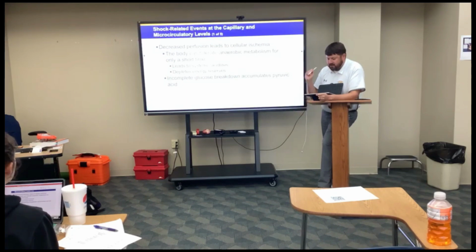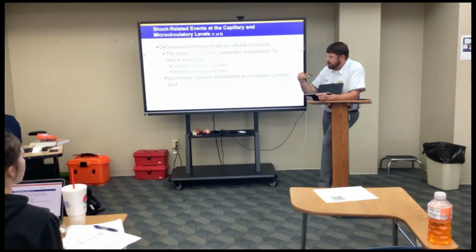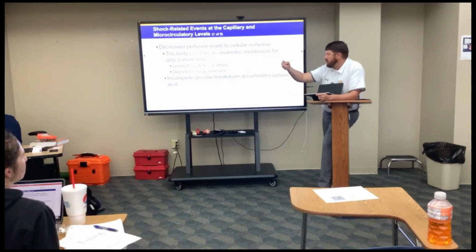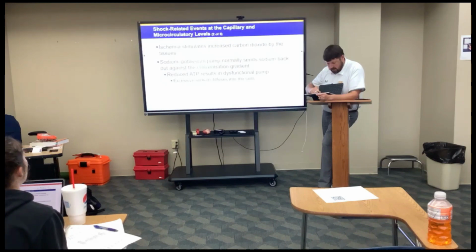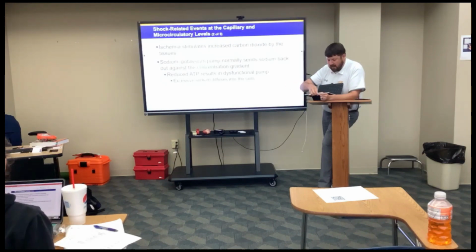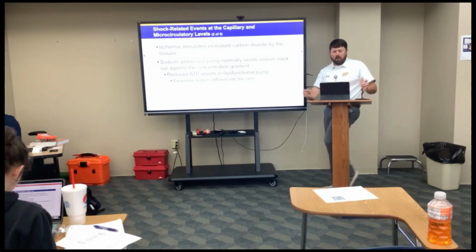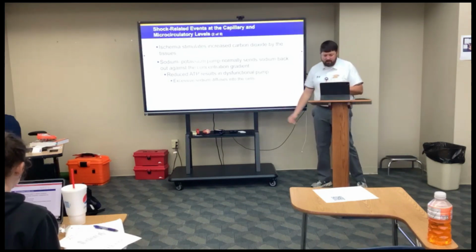Decreased perfusion leads to cellular ischemia. We know that. Long term, it's going to lead to systemic acidosis, and it's going to deplete all of our energy reserves, which includes our glucose and our oxygen. Ischemia stimulates increased carbon dioxide by the tissues, and now we're going to start seeing higher acid levels in the blood.